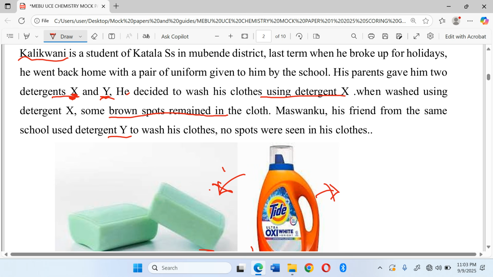He decided to wash his clothes using detergent X, and when he washed using detergent X, some brown spots remained in the cloth. So you can see Karikwan used detergent X, and when he used it, spots remained, while Maswanku, his friend from the same school, used detergent Y, but no spots were seen in his clothes.